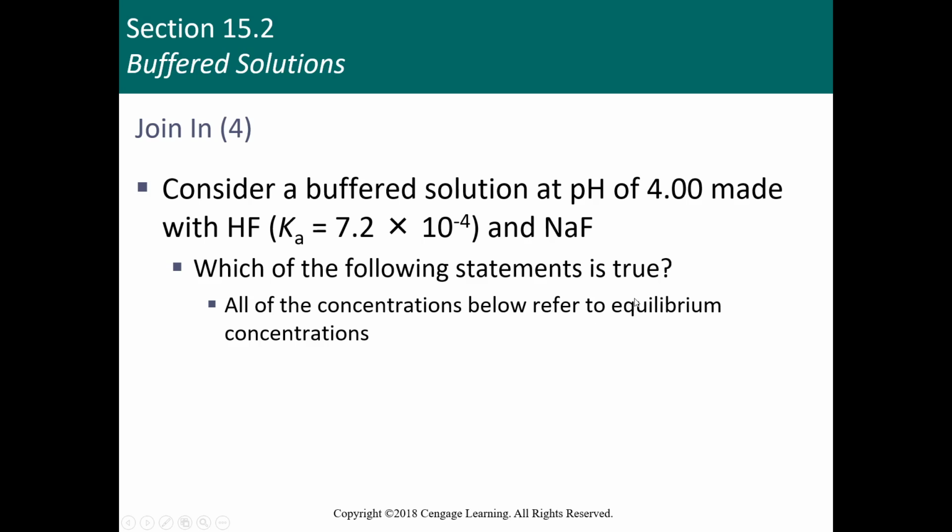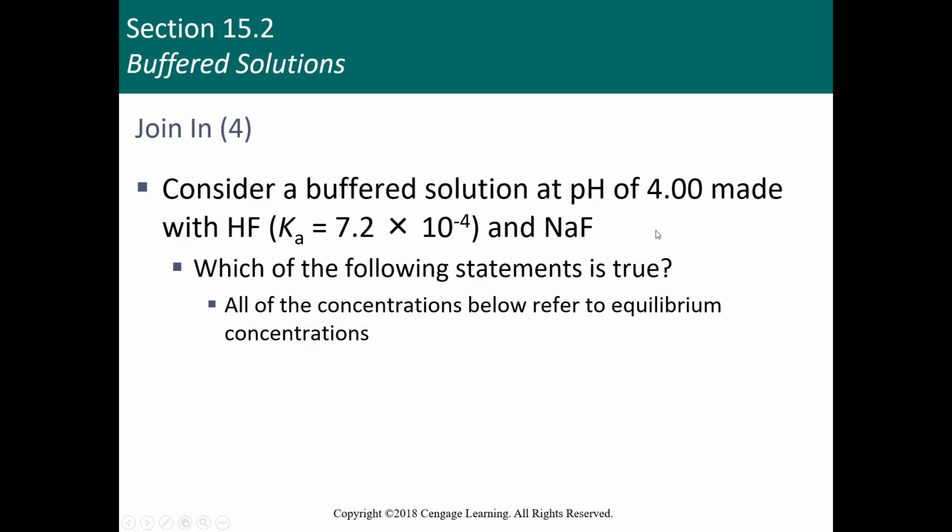The base over the acid. And so, I have here a 4. If I take the negative log of that Ka, the negative log of this is 3.14, meaning that my 3.14 is smaller than my 4, right?